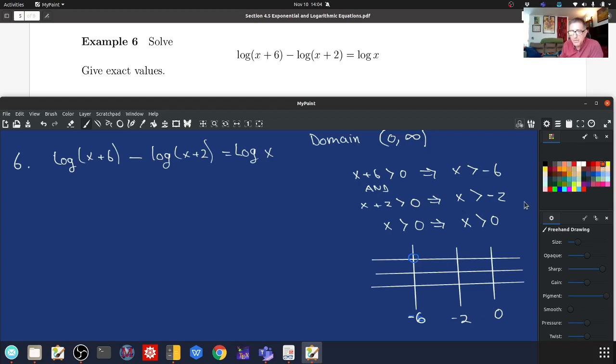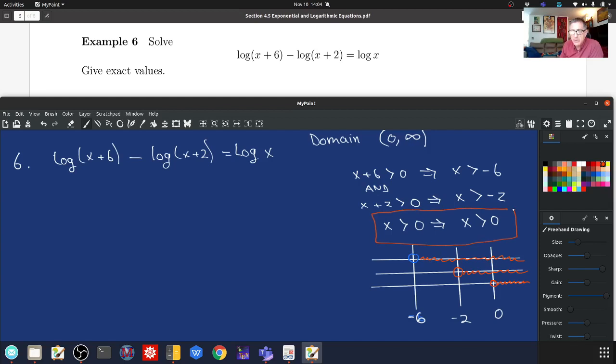So x has to be bigger than all of these. So the first one says x is in here. The second one says x is in here. And the third says x is in here. So all three of these, the and means I'm taking the intersection of all these sets, so this is the one that dominates.